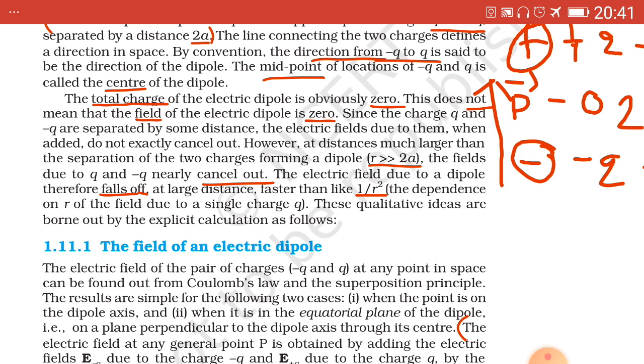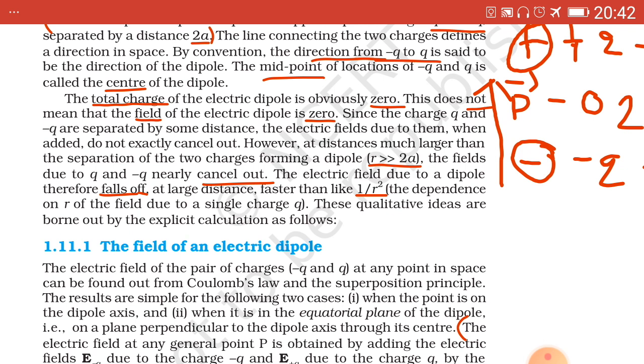At r greater than 2a, the fields cancel out and the electric field falls off at large distances, relating it with 1 upon r square. 1 upon r square is to be remembered. Falls off means it decreases as 1 upon r square.